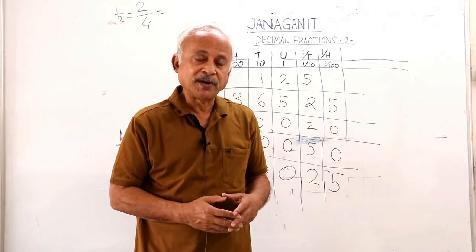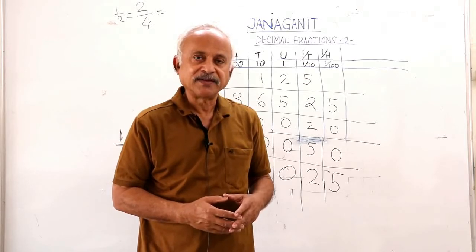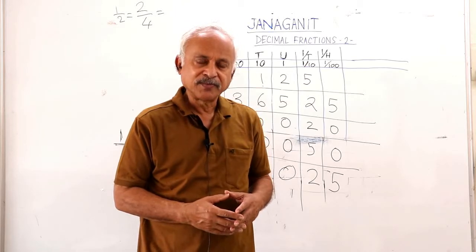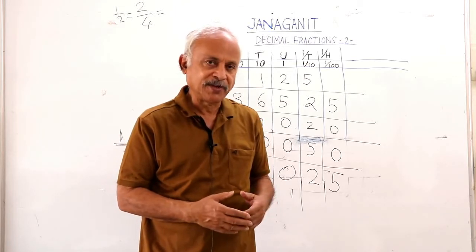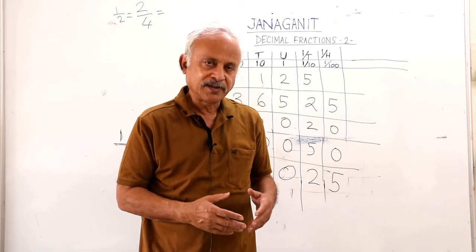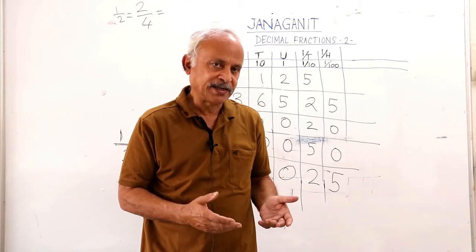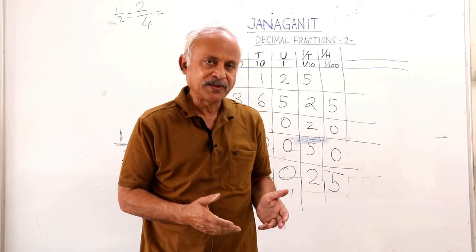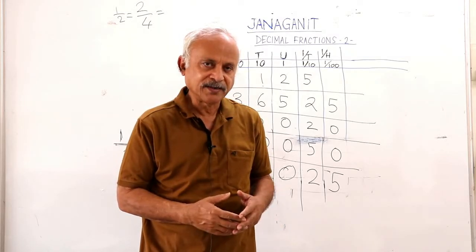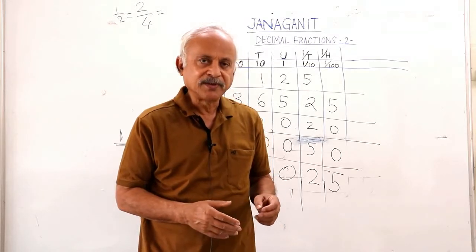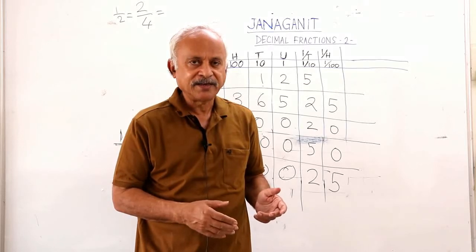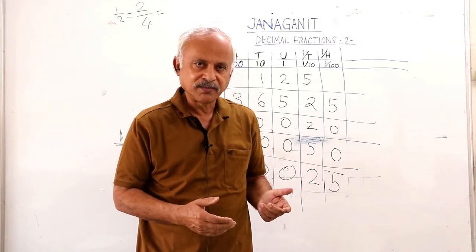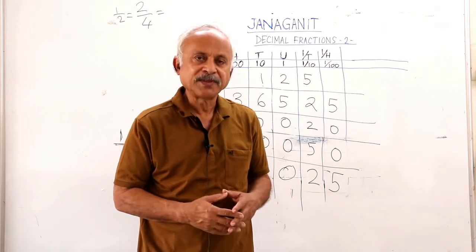Then we expressed 1 by 5 as a fraction in place value. So we wrote 1 by 5 in equivalent fractions. 1 by 5 is 2 by 10. When we get 10 or 1 by 10, we know how to write it in place value. So 2 by 10 is 0.2, 2 into 1 by 10.